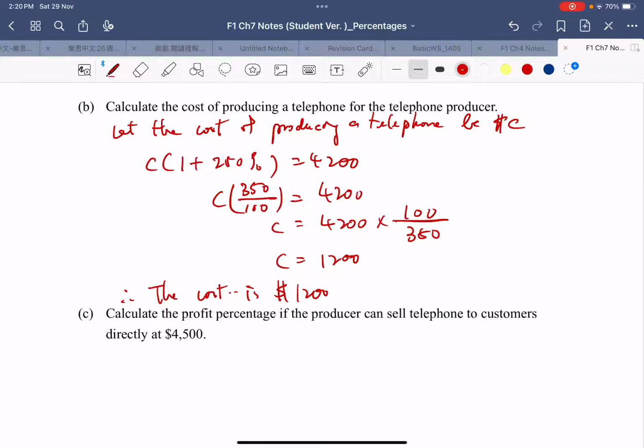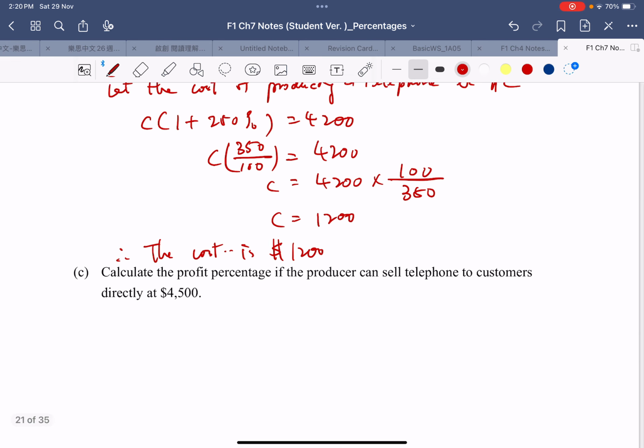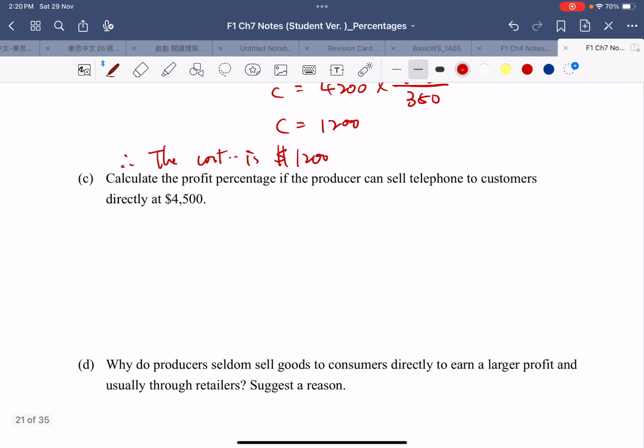Alright, so now calculate the percentage profit, if the producer can sell a phone at this amount. So from part B, we calculate the cost. Cost is 1200.